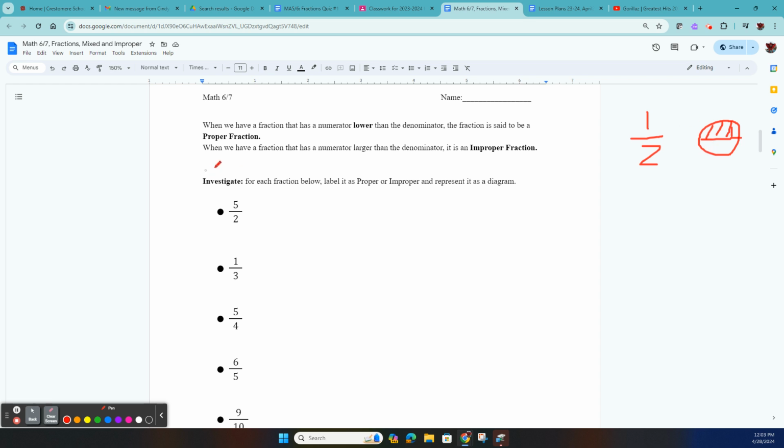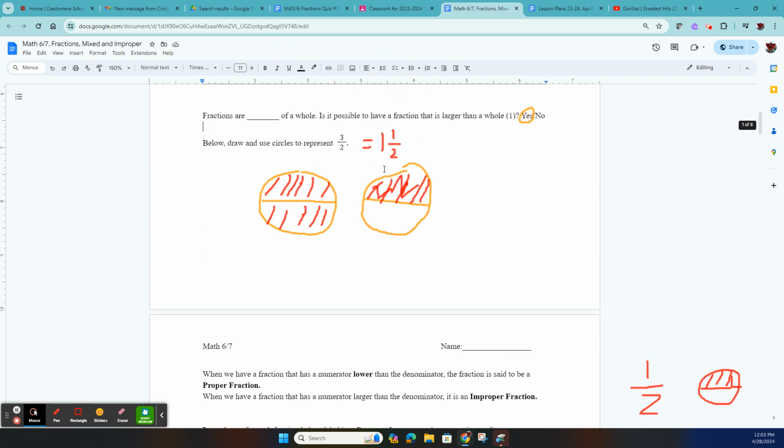But when we have a fraction that has a numerator larger than a denominator, we call that improper. And here's an example of that. That's an improper fraction, 3/2. It's improper. Numerator is bigger than the denominator.